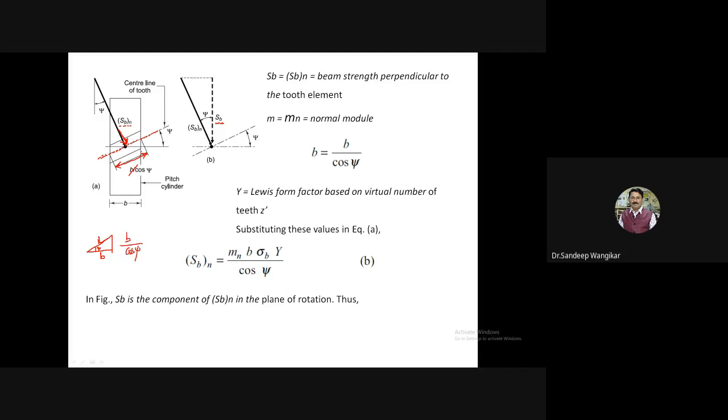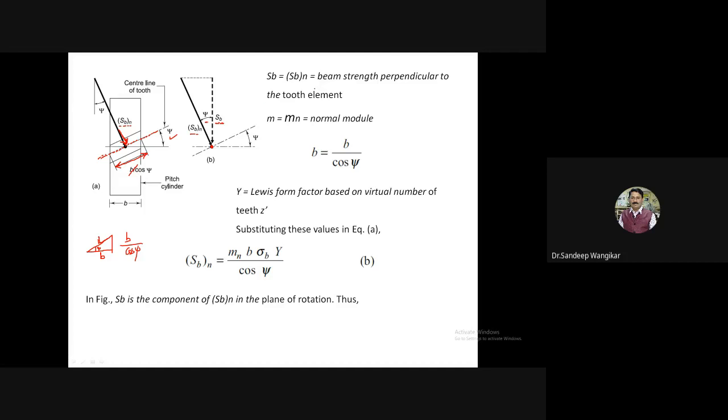This angle psi is the helix angle, and this is the central line of the tooth. This is the pitch cylinder we have considered, and a magnified view is shown here at one particular point. This angle is also psi. The relation between SB and SBN, the normal component of beam strength, is also established in terms of psi.